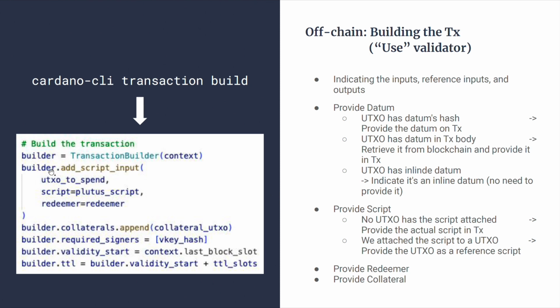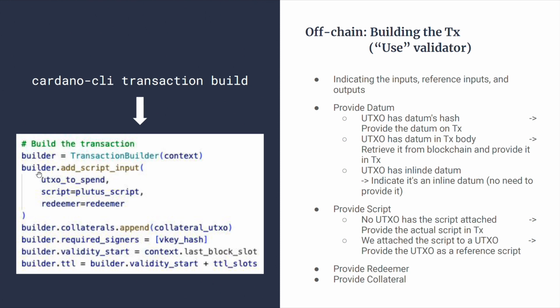Here on the left we see the PyCardano code. We have this transaction builder object that accesses the chain context. When we build a transaction, we add the inputs and outputs. Actually, outputs are not shown here, but here you would add, for example, an input. Here this is a script input, a UTXO we spend from a smart contract.